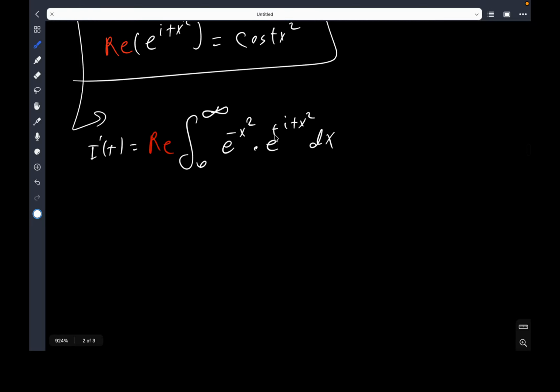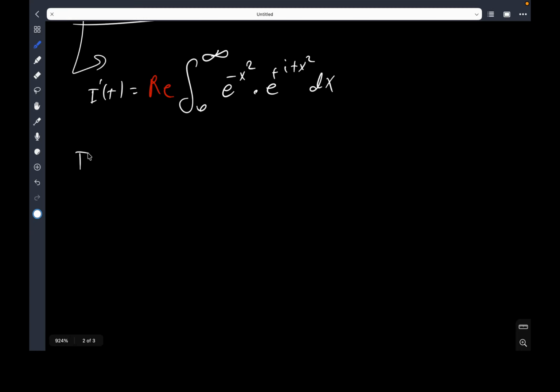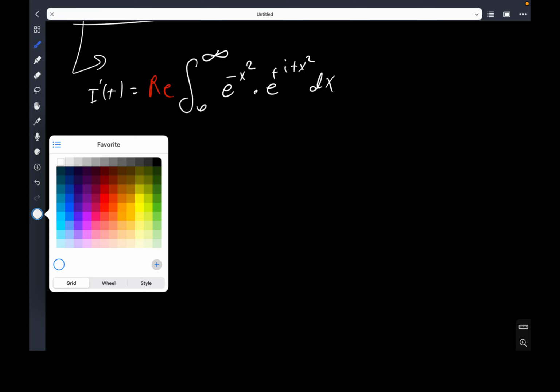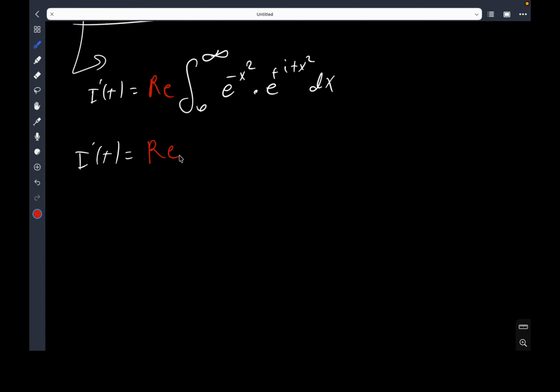Oh, sorry, plus i t x squared. And my I prime of t is going to be the real part of the integral from 0 to infinity of e to the itx squared minus x squared dx.